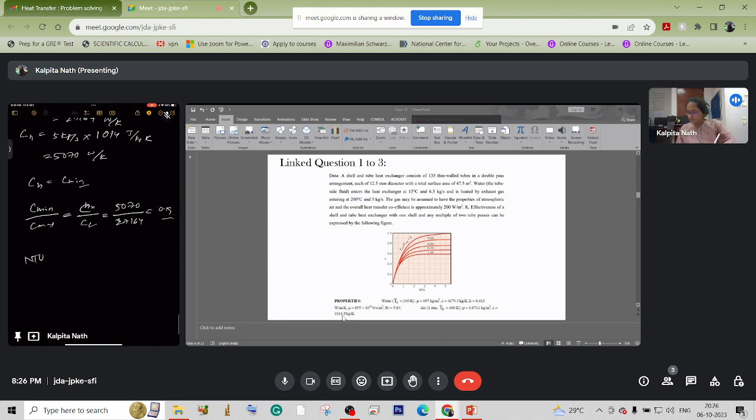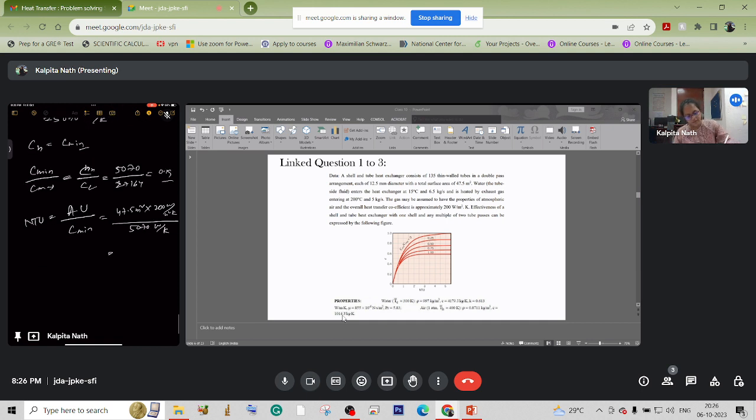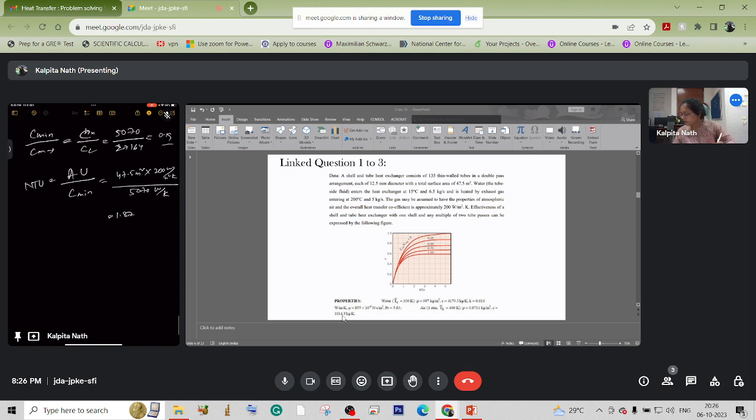Now NTU is equal to area into overall heat transfer coefficient upon minimum heat capacity. This is 47.5 meter square into 200 watt per meter square Kelvin, upon 5070 watt per Kelvin. So this is 1.87.